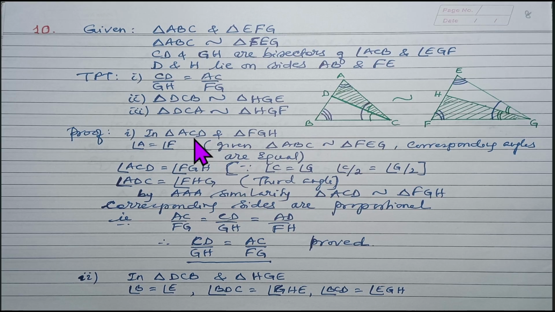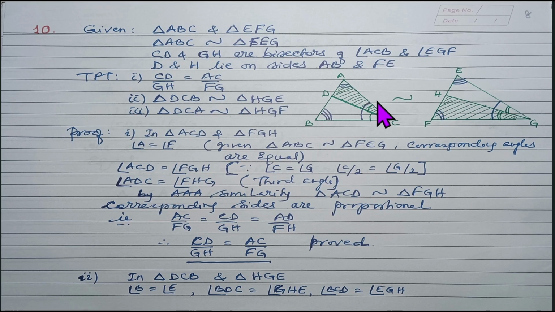Now in triangle ACD and FGH, the top triangle, the shaded triangle, I have to consider that. Angle A is equal to angle F, because they have given these two triangles are similar, and when we compare the similarity, we find angle A is equal to angle F. Already it is given to us because the two triangles are similar, corresponding angles are equal.